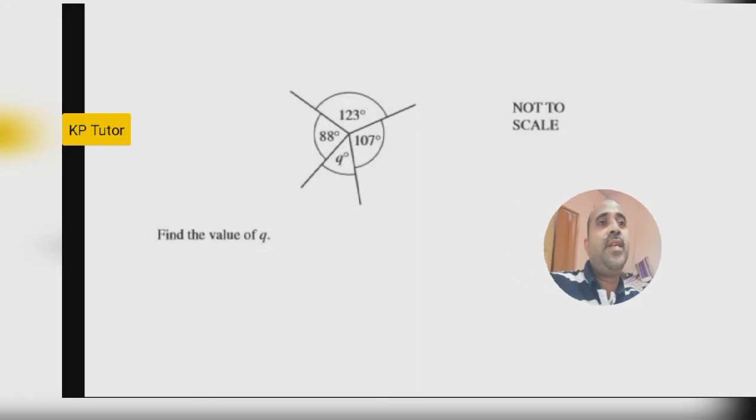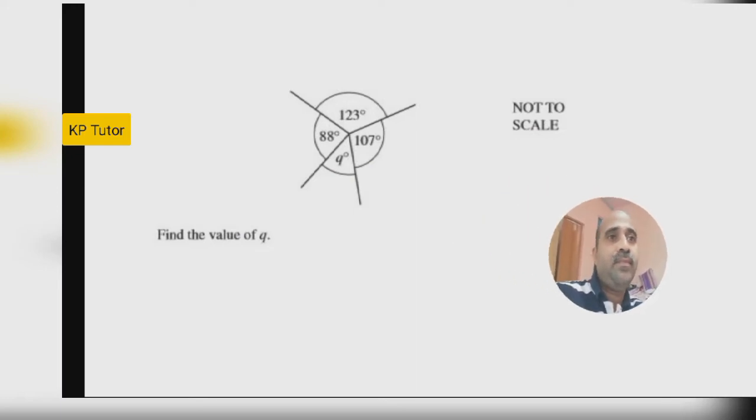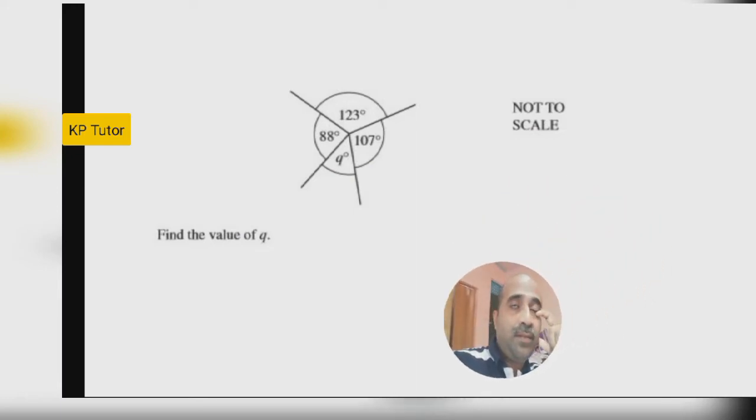First question is a very easy question. Most question papers have a question like this. First of all, we have to check which property we have to apply. There are angles at a point.